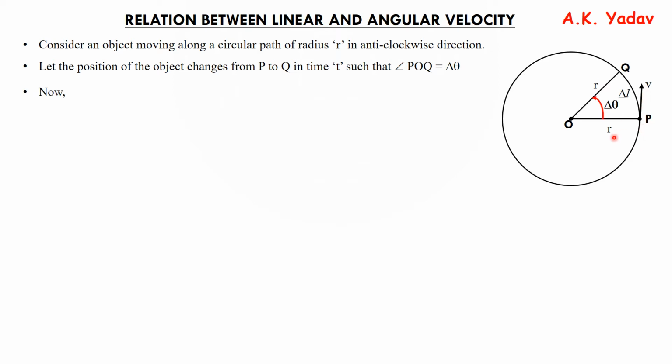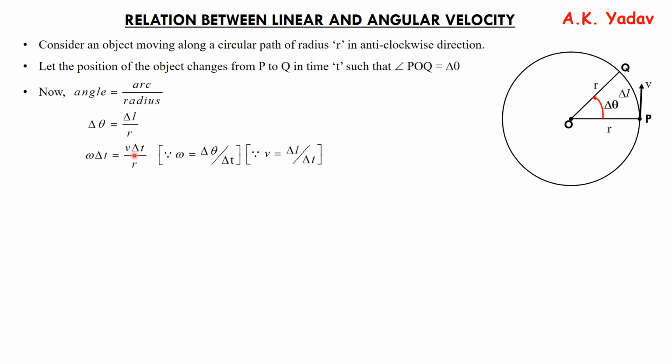Now angle is equal to arc by radius, so Δθ = ΔL/r. Now Δθ can be written as ωΔt because ω = Δθ/Δt. Another thing, ΔL is written as vΔt because velocity is equal to ΔL/Δt, that's the linear motion part. Now Δt cancels out, so we get v = ωr.